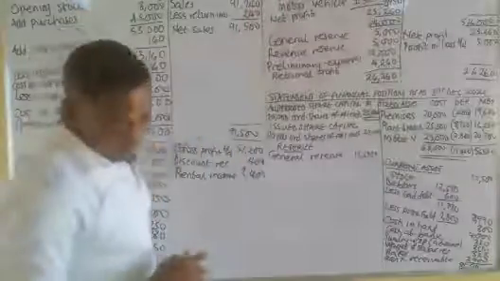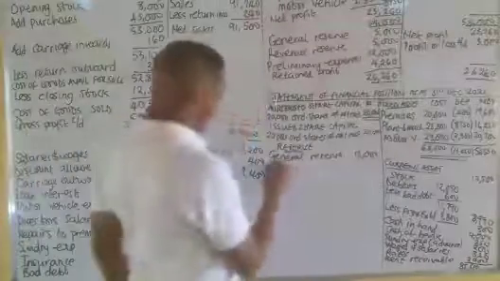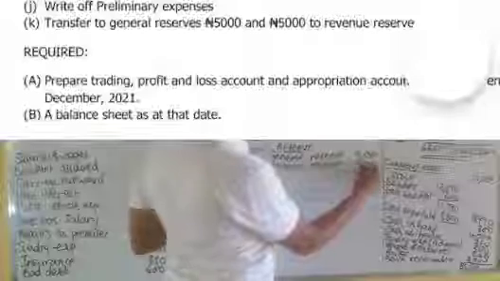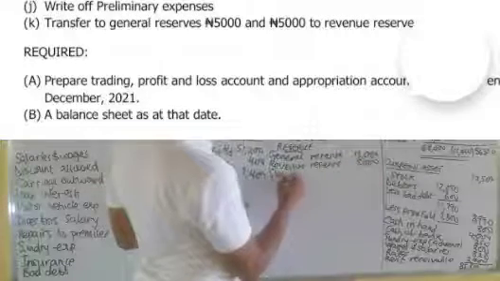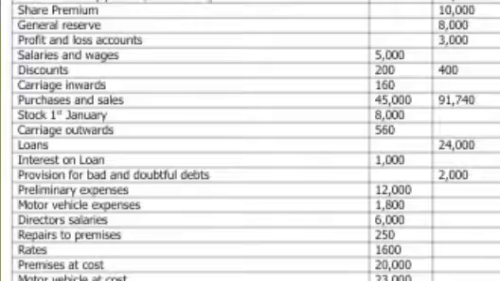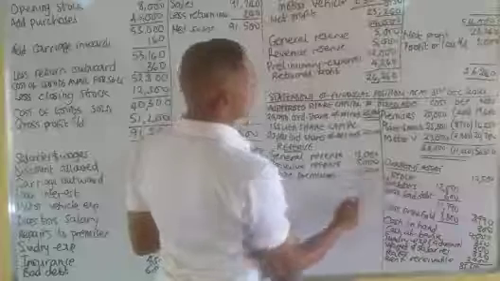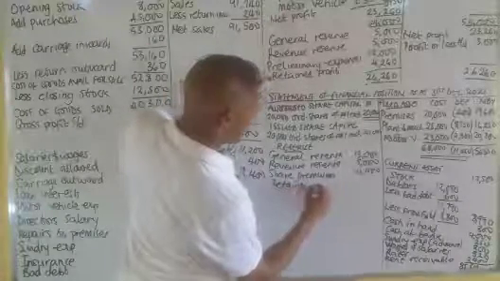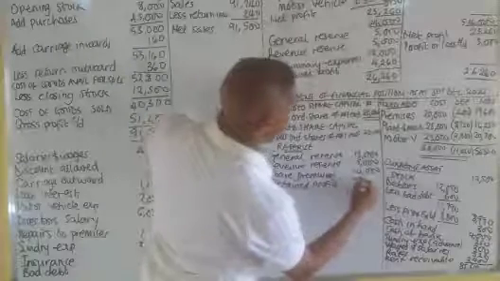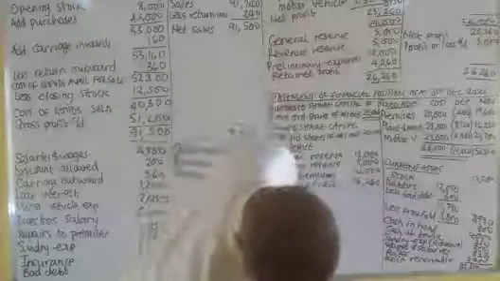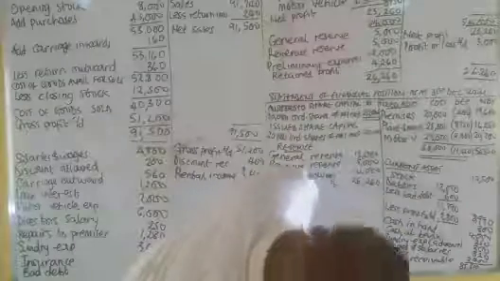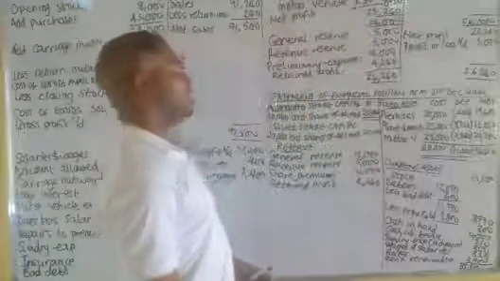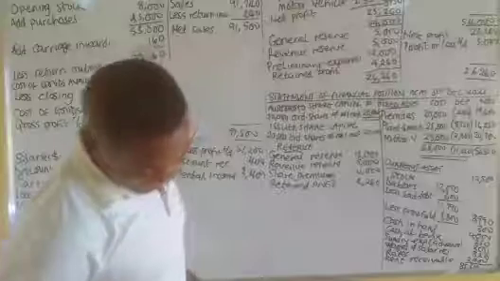The next one is revenue reserve, 5,000. The next one in the question is share premium. It is 10,000. Another one is retained profit, which is 26,260. So those are the items for reserve.